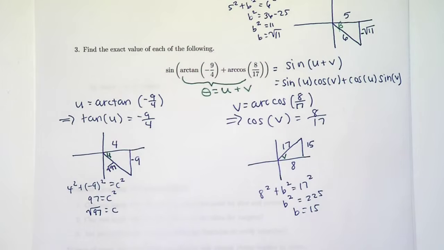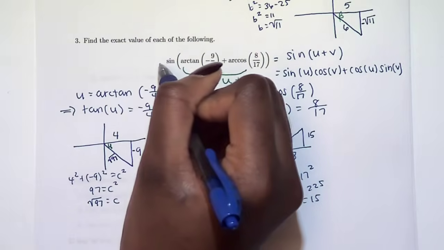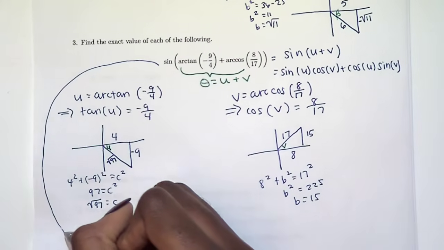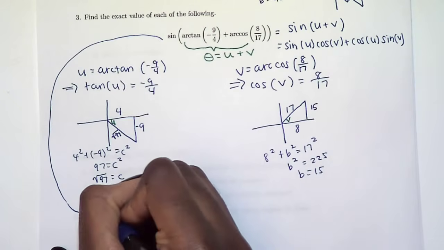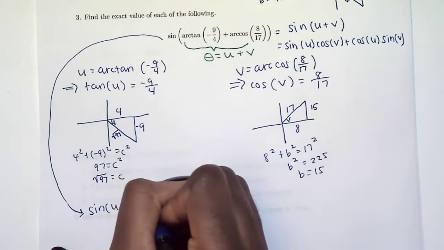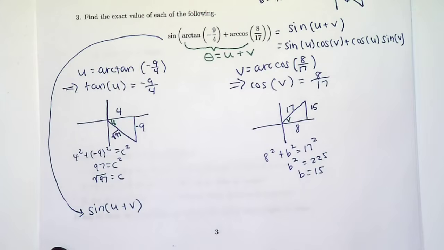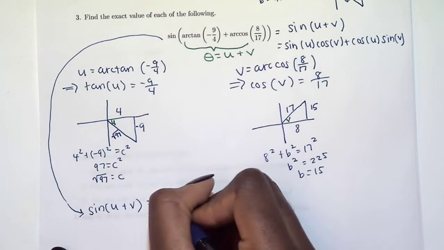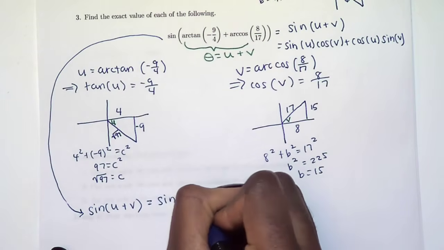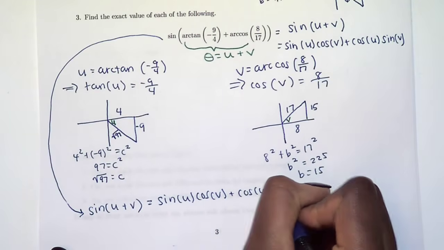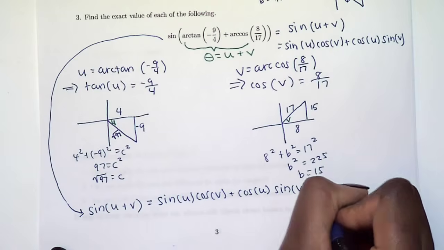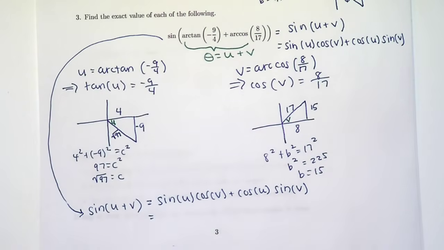Now we can answer our question. This big thing we have, I'm just going to rewrite everything. We have rewritten it as sine of U plus V, which tells us we can use our sum formula: sine of U cosine of V plus cosine of U sine of V. And then we can use our triangles to find the exact values of those trig functions.